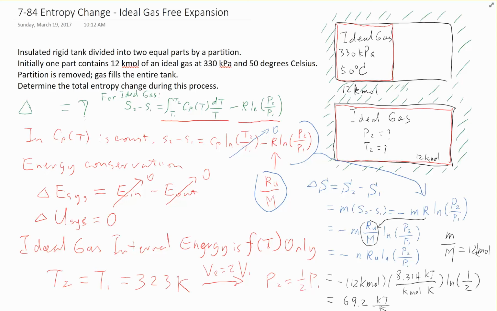So any process that goes on for this isolated system can only lead to entropy increase, or if it's an isentropic process, then the system's entropy would remain constant. But in this case, it's adiabatic but irreversible. So the process leads to entropy increase.